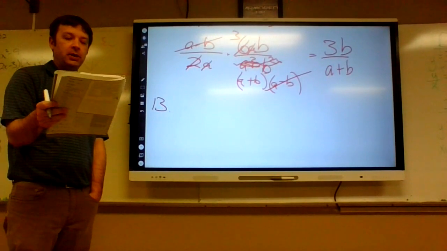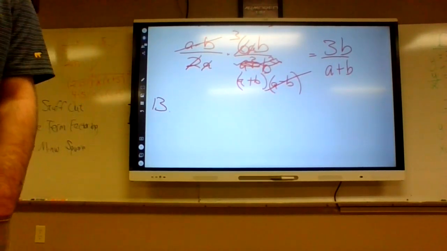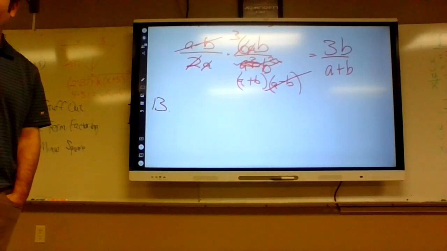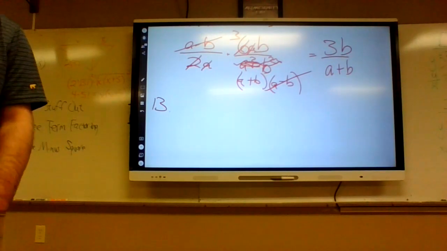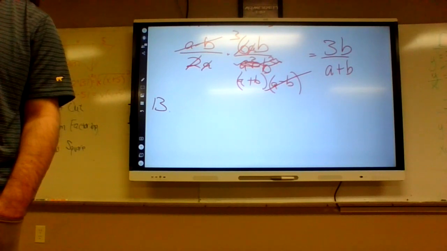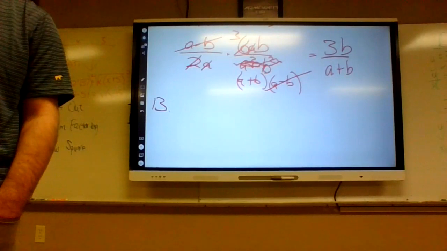Okay, so 13. What the heck? Any bright ideas? The denominators are the same on the bottom, so we can add them together, and then we're gonna flip it upside down so we can do it with the 2.